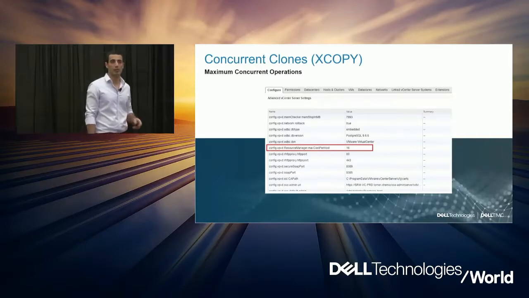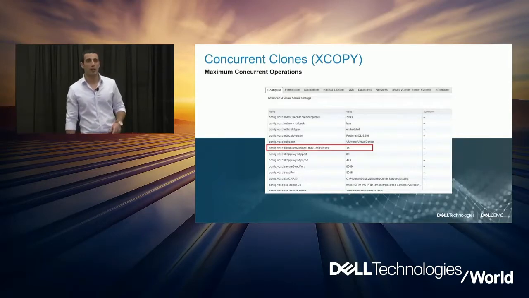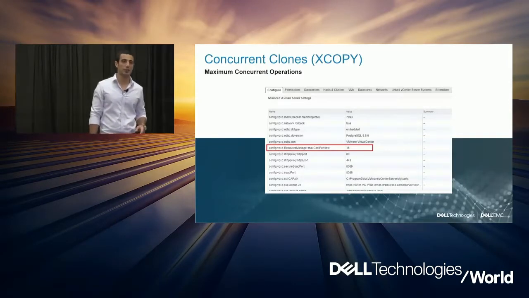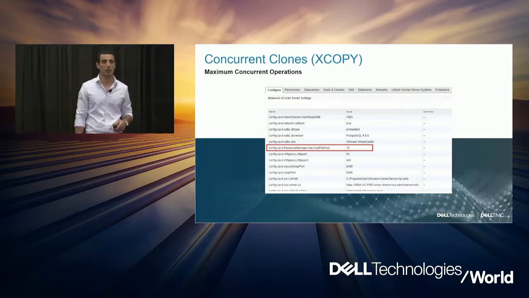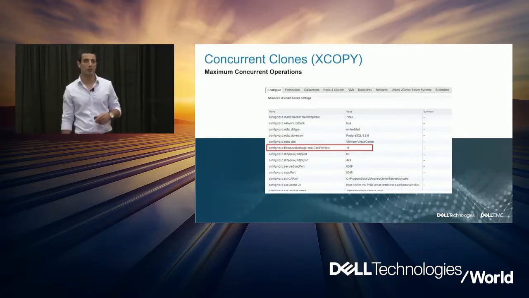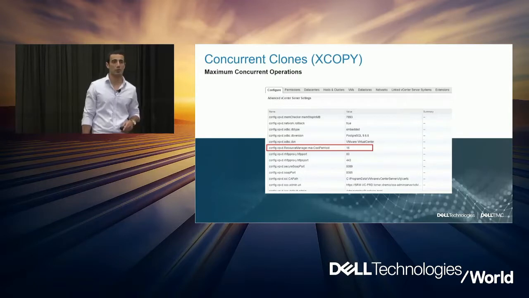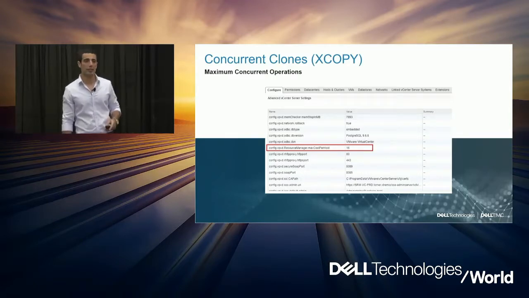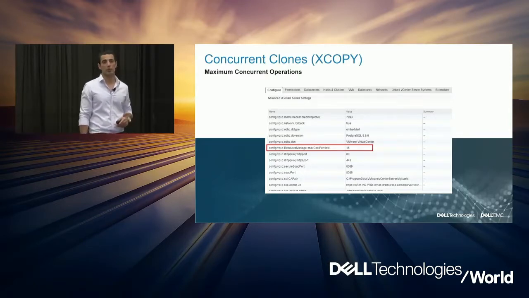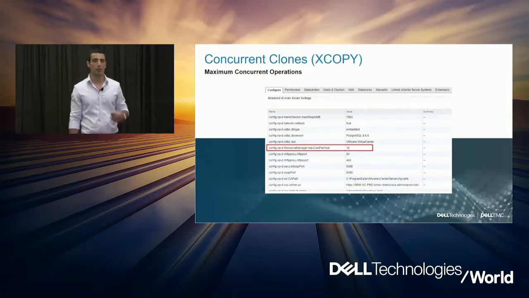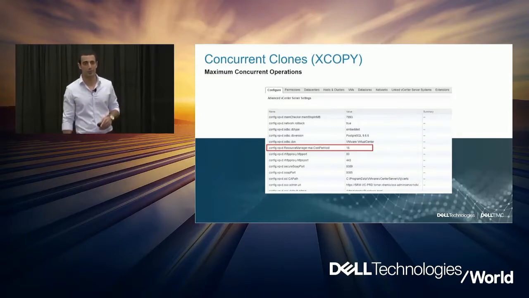Concurrent Xcopy clones. Under the vCenter advanced settings, there is a parameter called config.vpxd.resource-manager maximum cost per host. Basically, this is the number of concurrent Xcopy operations, whether it's storage vMotions or cloning from live virtual machines or templates.